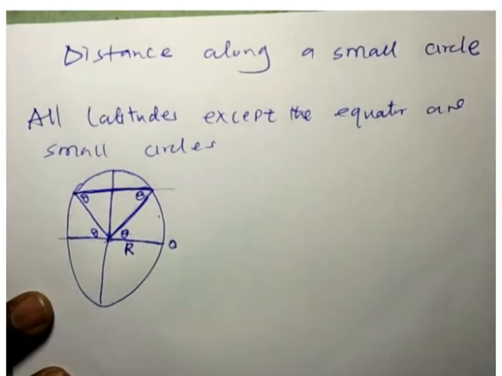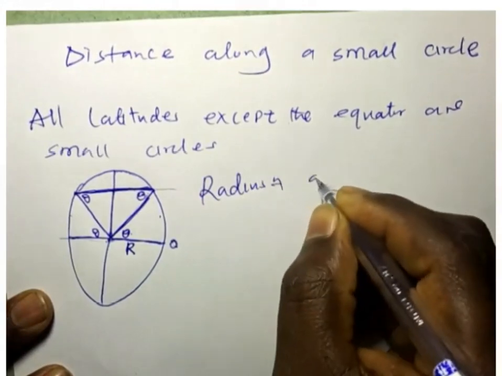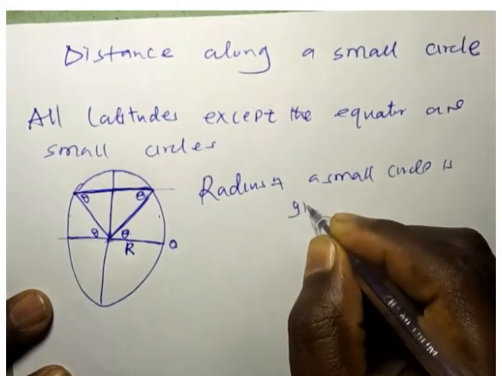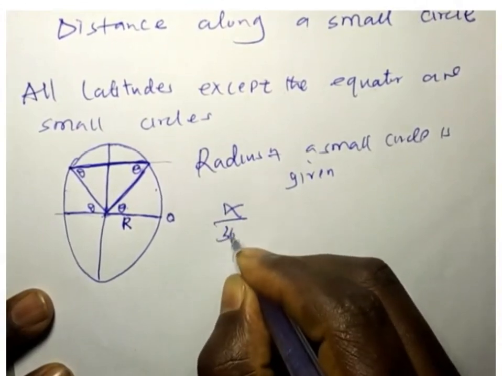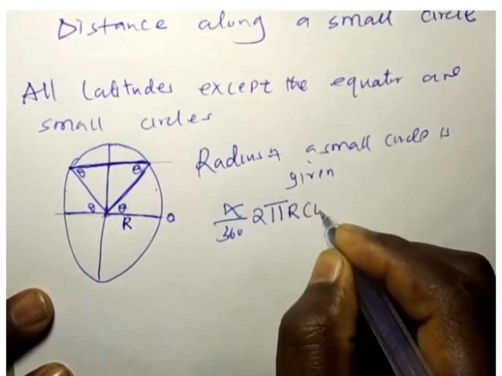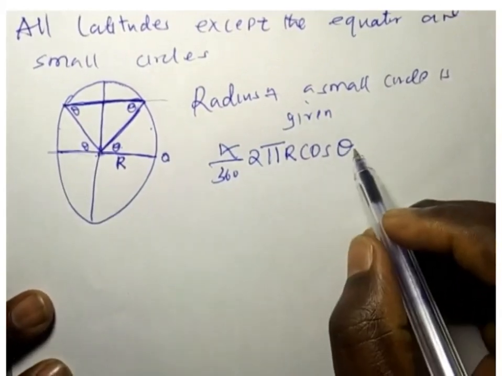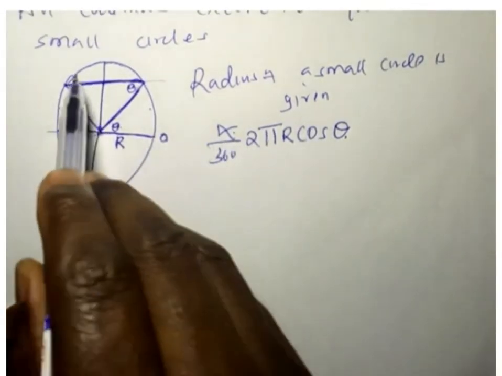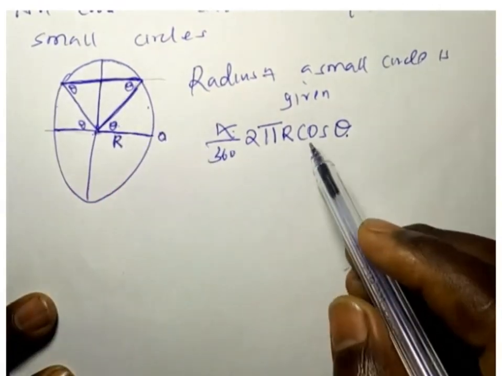And then, the distance along a small circle is given by alpha over 360 times 2 pi r cos theta. Now I want to define what these are. Because this is a small circle, there will be a latitude there. So that latitude angle is theta.